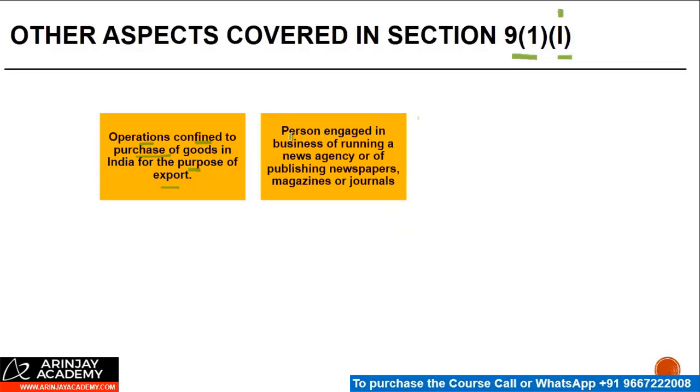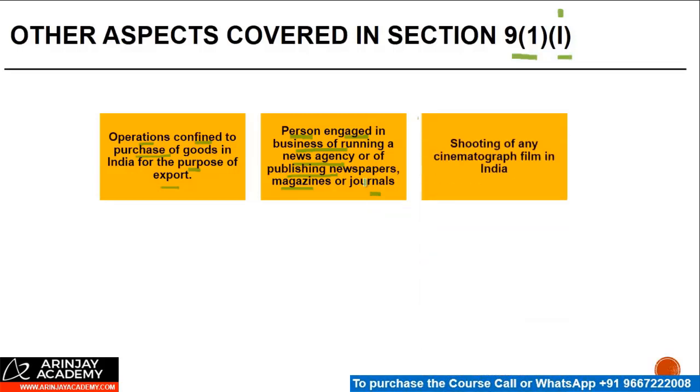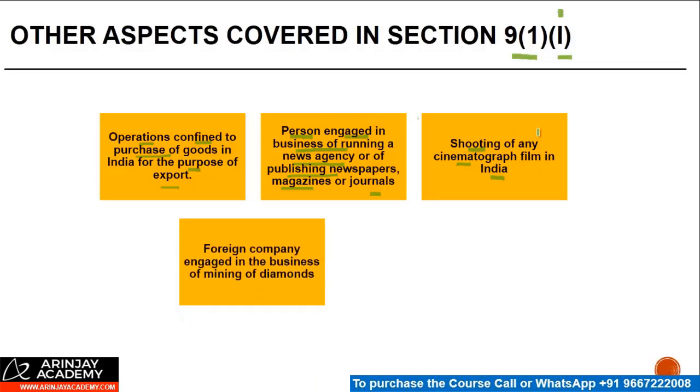In the case of a person engaged in the business of running a news agency or of publishing newspapers, magazines or journals outside India, no income shall be deemed to accrue or arise in India if they are just collecting news and views from India. In the case of a person who falls under certain specified categories, if they are just engaged in shooting of any cinematographic film in India, no income shall be deemed to accrue or arise in India.